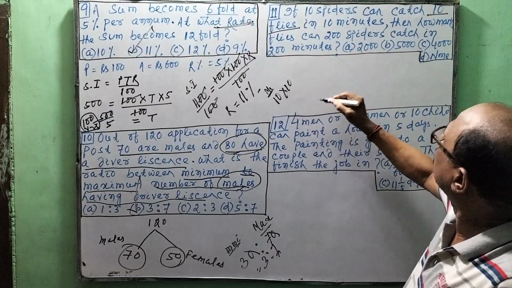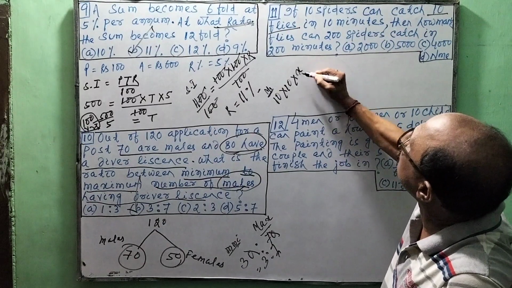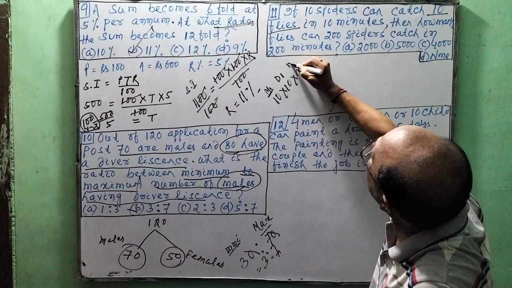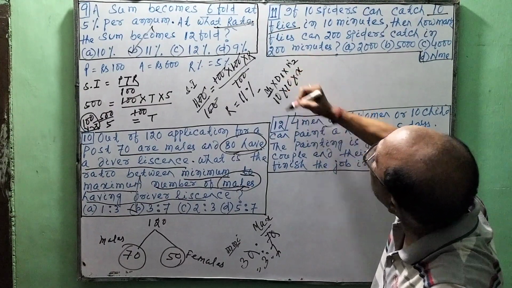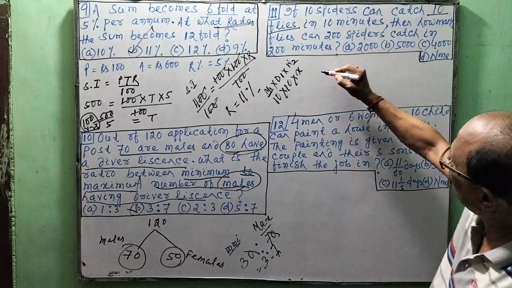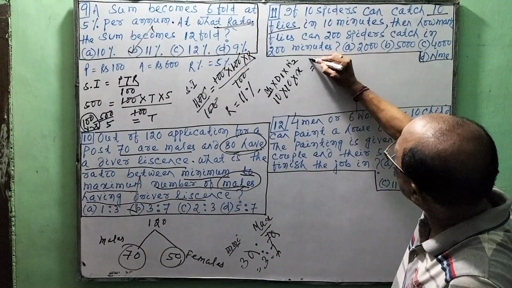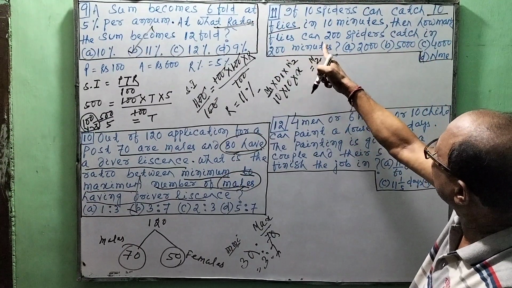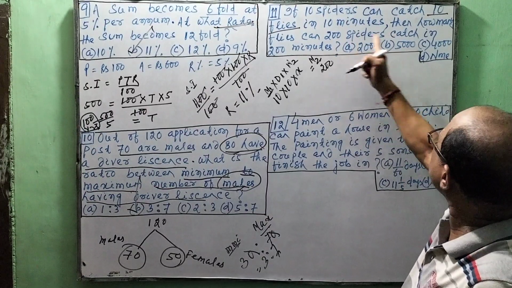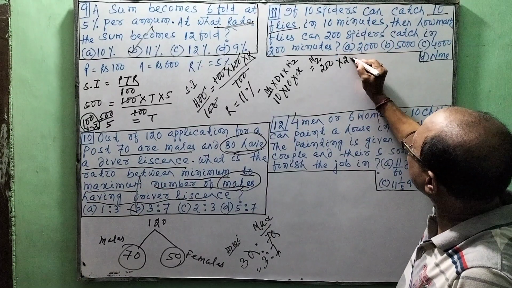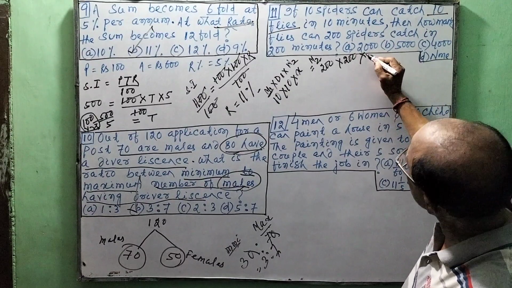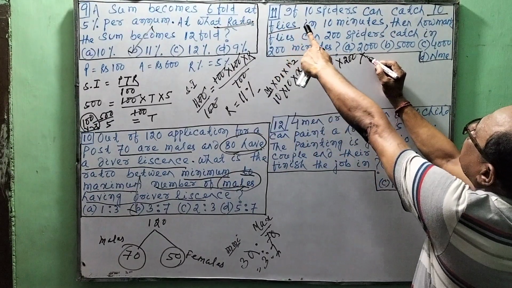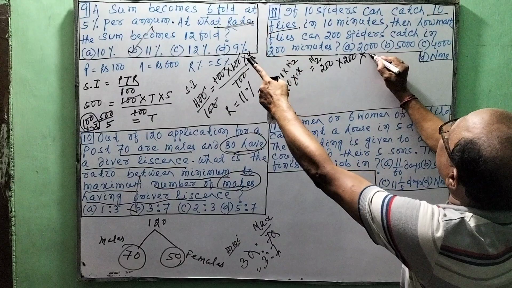This is 10. This third term is not given. M1, D1, W2 is equal to M2, D2, W1. Then how many flies can 200 spiders catch in 200 minutes? Here is W2; W1 is 10 spiders can catch 10 flies.